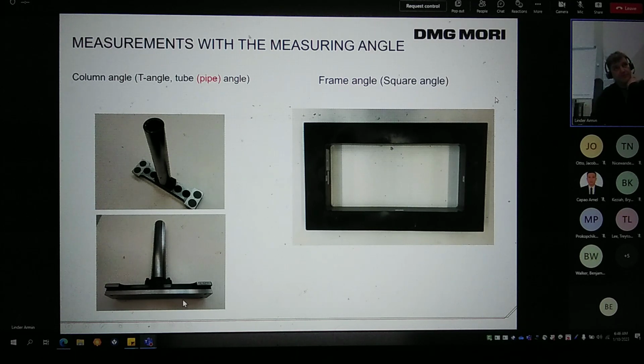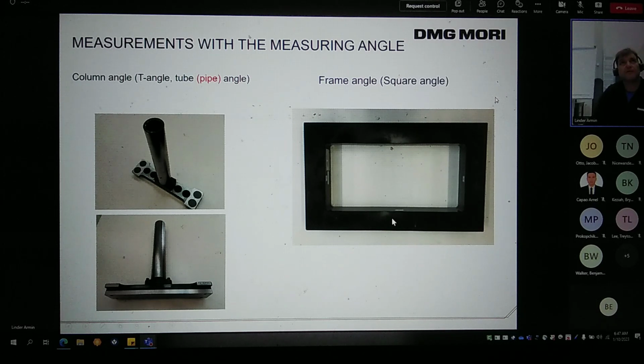So here it is visible a little bit better than before. You see the two locks that will go inside the T-slots in the NC round tables. And also we have magnetics on the top. Or sometimes we have the magnetic on the bottom side.